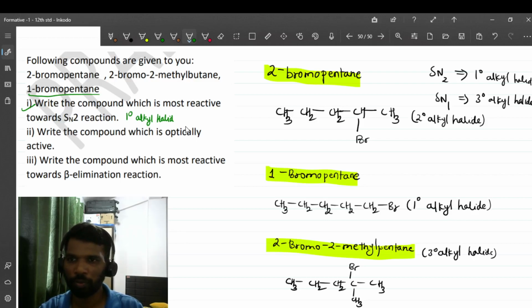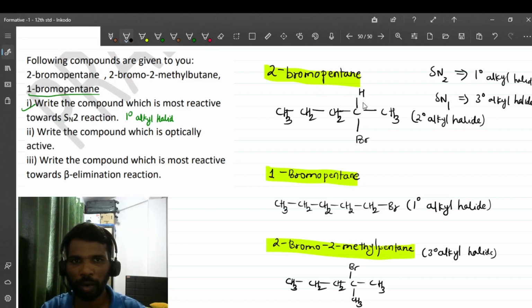Write the compound which is optically active. Optically active means there should be at least one chiral carbon. In which case is there a chiral carbon? It is this structure, in which there is one carbon which is chiral. What is the meaning of a chiral or optically active carbon?